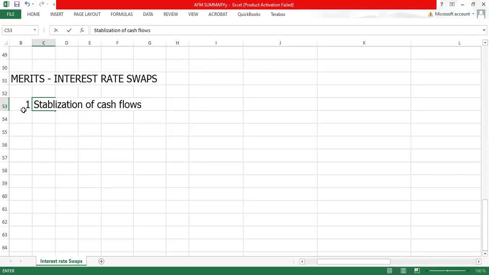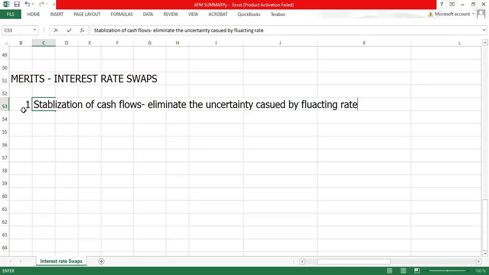You look at that in that scenario, because here the swaps allow borrowers with floating debt to switch to fixed rate payments, and in that way you eliminate the uncertainty caused by the fluctuating rates, most especially if you were paying the variable or the floating rate. Remember, floating rate keeps on changing.